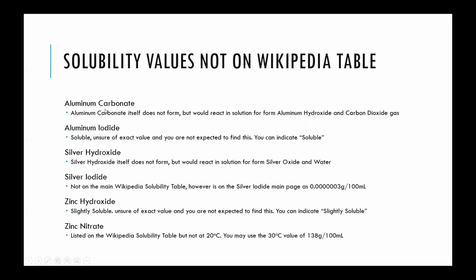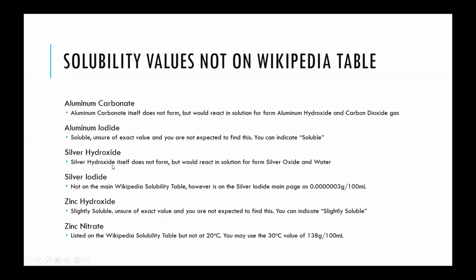What happens is aluminum carbonate breaks down into aluminum hydroxide and carbon dioxide gas. For the compound aluminum iodide, the exact number isn't in the Wikipedia table or some of the other sources that I've tried to find, but you can indicate this as just soluble. Aluminum iodide is a soluble compound. However, at the moment, I'm unsure what the exact number is for the solubility.